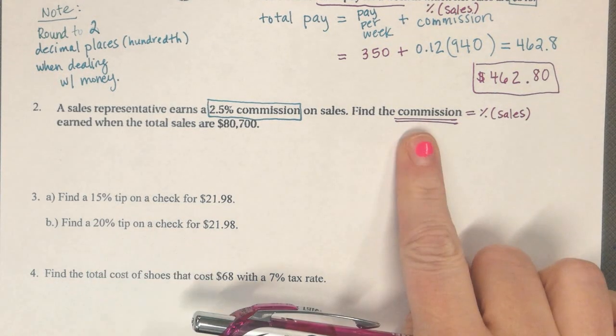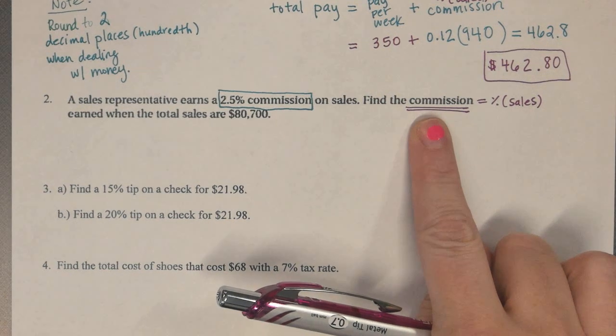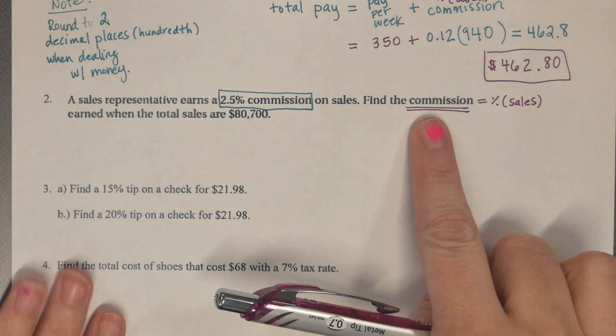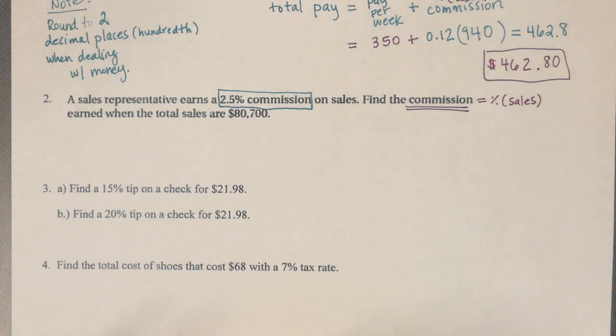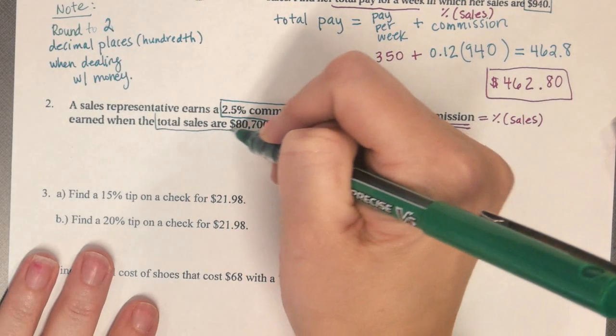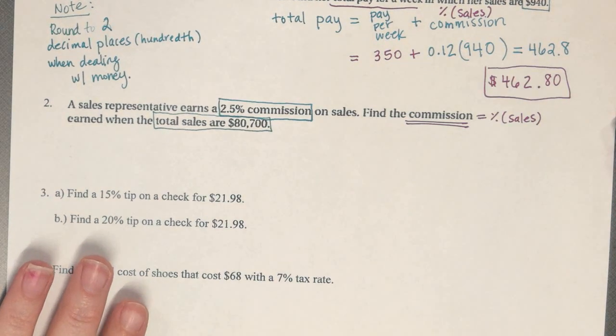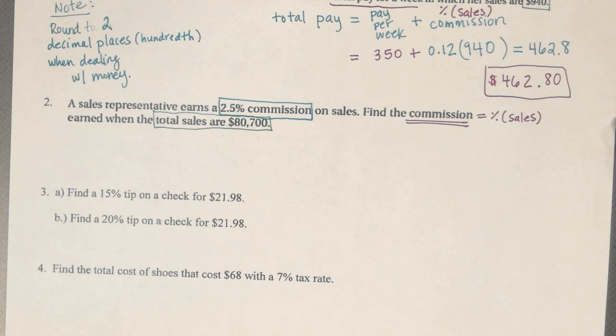So this isn't going to ask you for the total pay, it's just asking you for the commission. Okay, and then what is the other thing I should box in here? Yep, the total sales are 80,700.